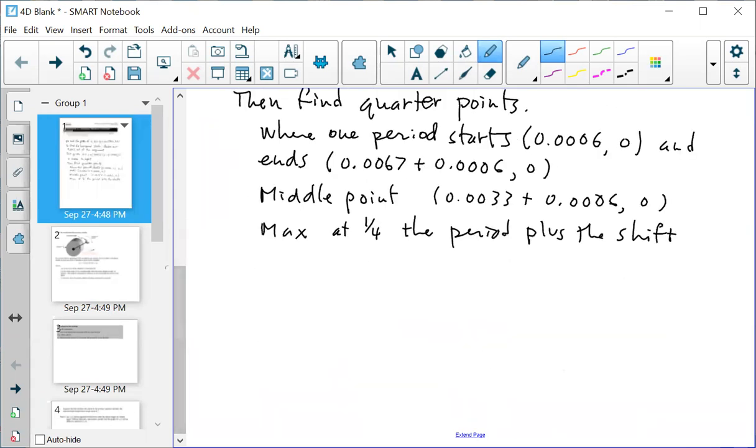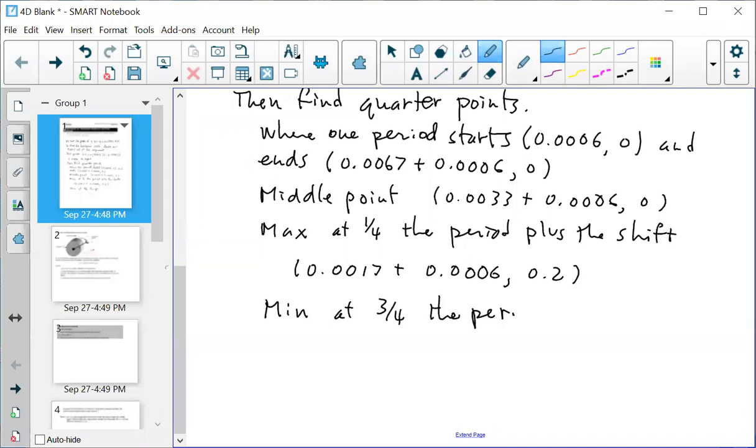So we could state that as 0.0017 plus 0.0006, comma 0.2. And then the minimum value is going to be at 3/4 of the period plus the shift.